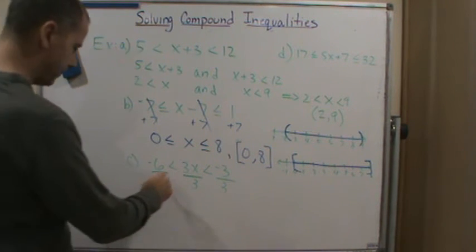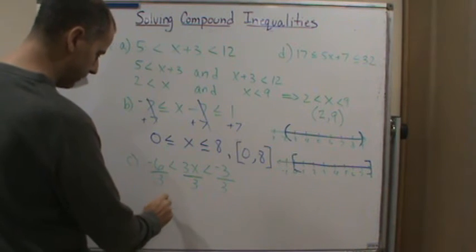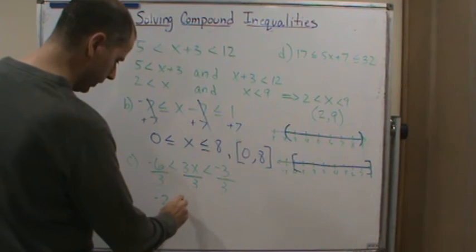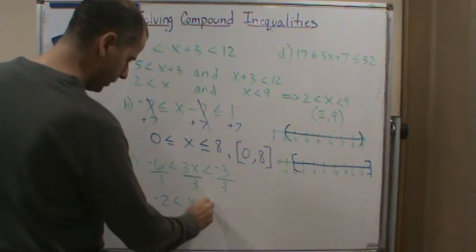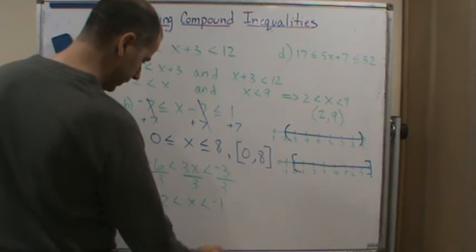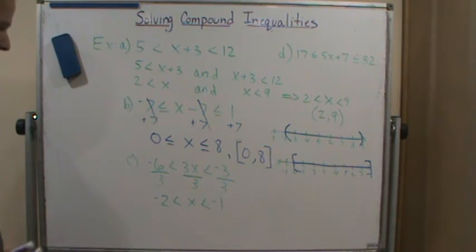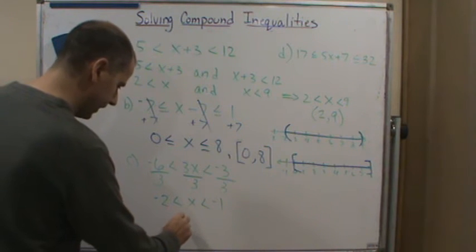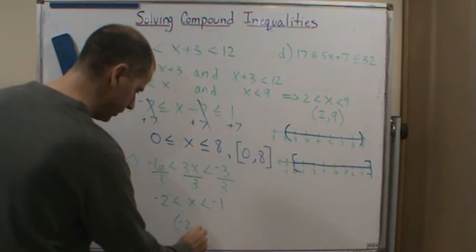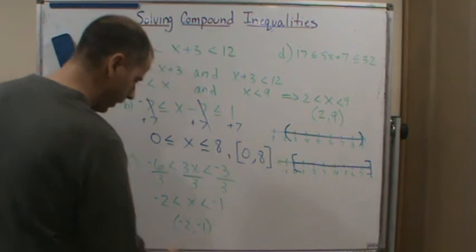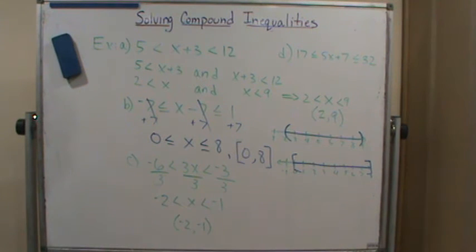Which means, what happens here? Negative 6 divided by 3 becomes negative 2, less than x, which is less than negative 1. And so what's the result? The result is I get negative 2, comma, negative 1 in interval notation, right?